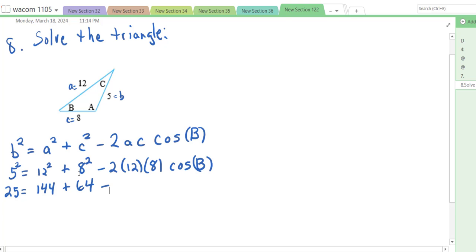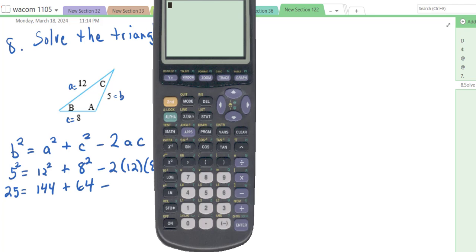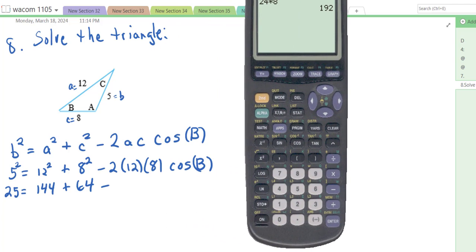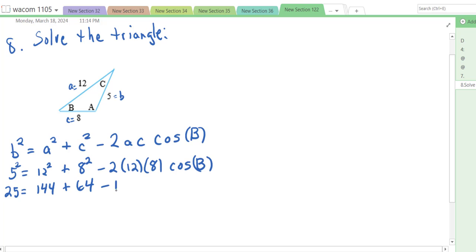Minus 2 times 12 is 24. And 24 times 8, I would probably resort to a calculator. 24 times 8 is 192. So 192 cosine of angle B.